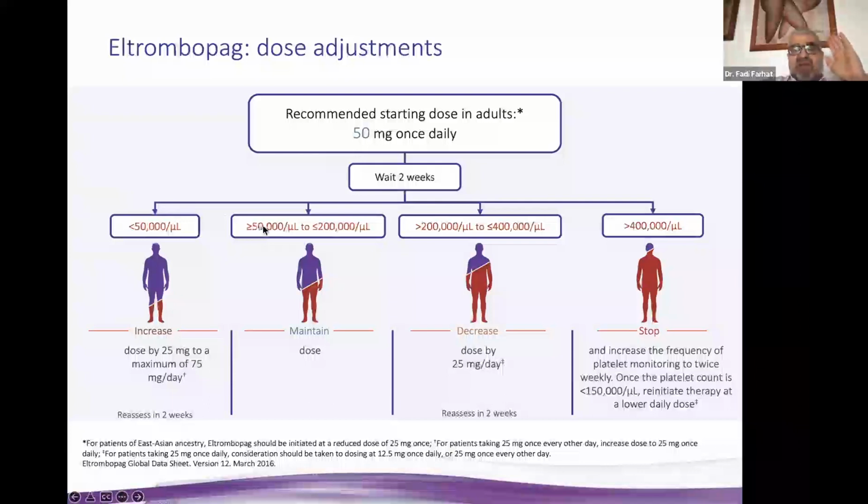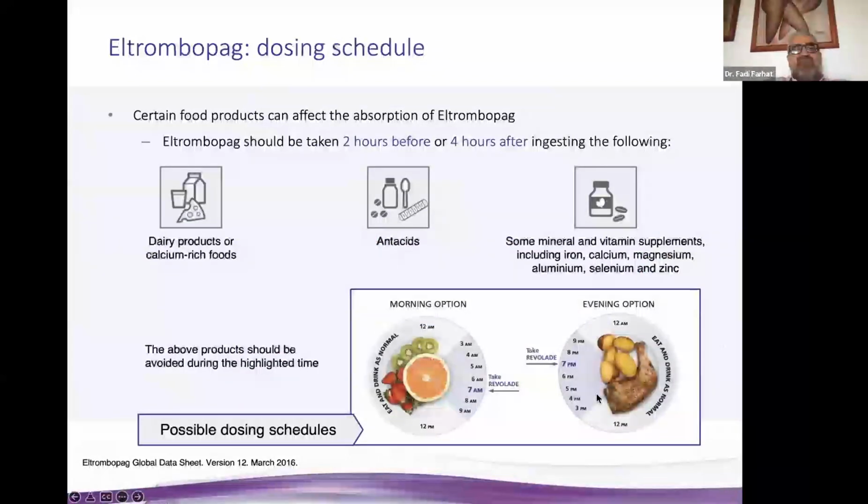If the platelets are responding well between 50 and 100, we keep the same dose, and if it's more than 100, we reduce to 25. More than 400, which means overreaction, we stop the dose and go back to the treatment when the platelet count is 150. You can get the schema if you want to.